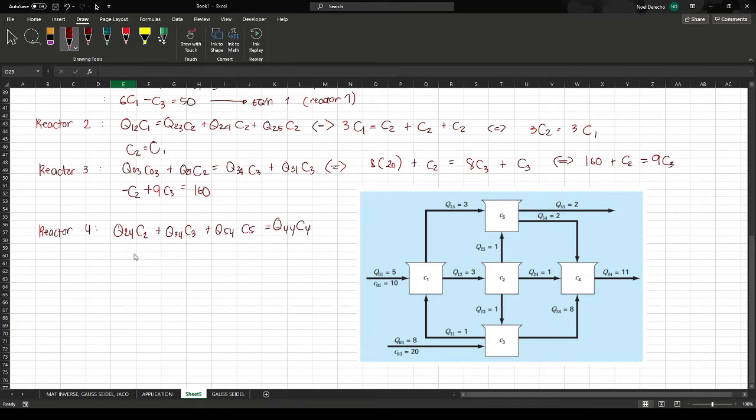Q24 is 1, so that is C2 plus 8 C3 plus Q54 2 C5 is equals to 11 C4. In general, your equation is C2 minus 8 C3 plus 11 C4 minus 2 C5 is equals to 0.